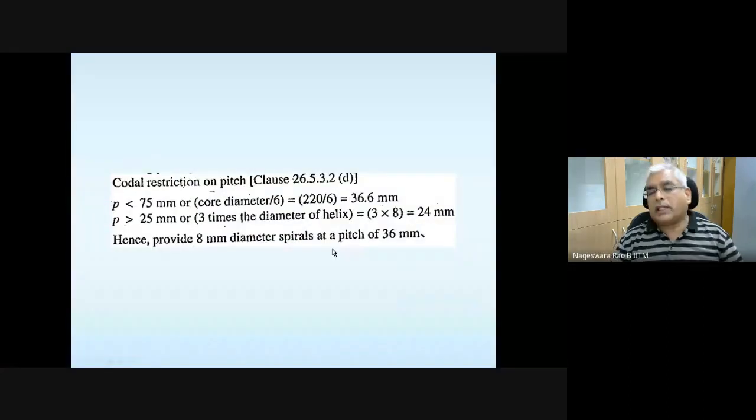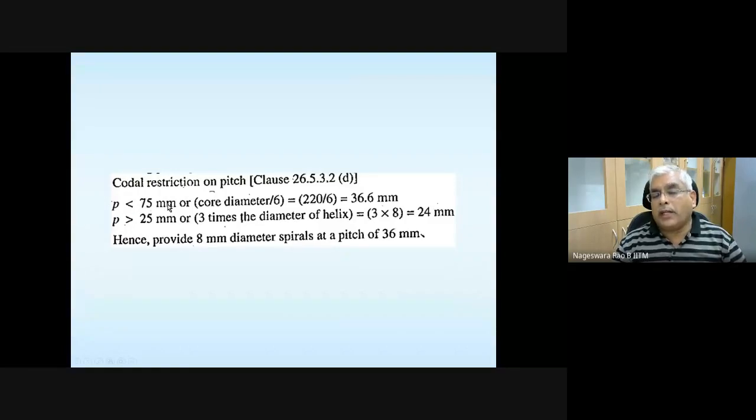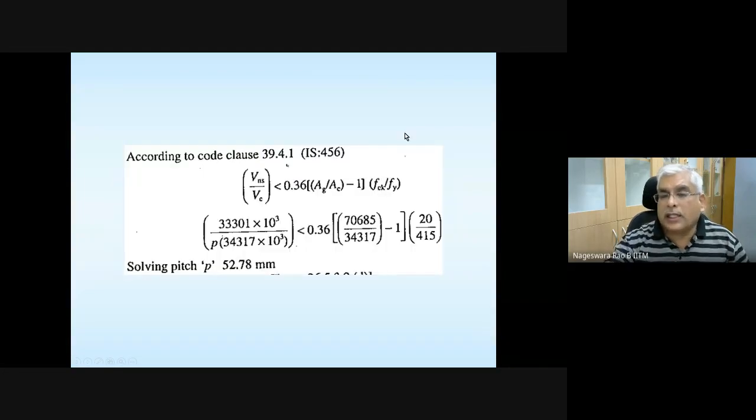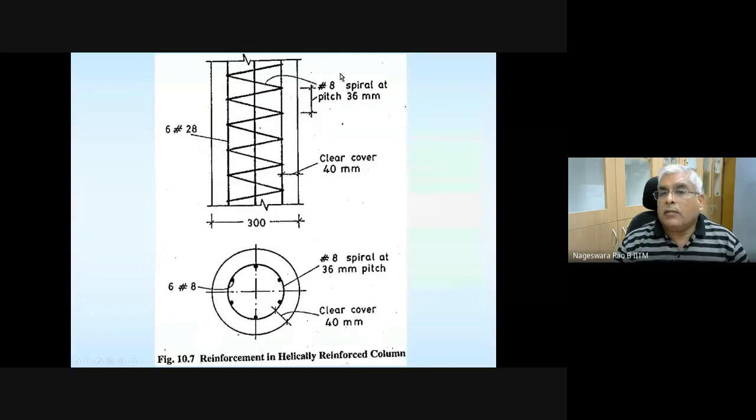You can cross check: pitch should be less than 75 mm or core diameter divided by 6, and greater than 25 mm or 3 times the diameter of the helix. Based on that, the final recommendation is 36 mm. That is the reason pitch is shown as 36 mm in this figure.